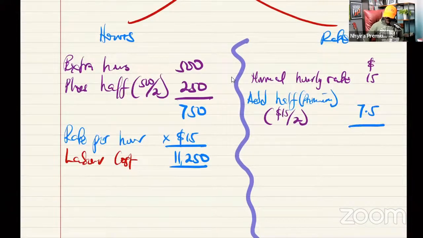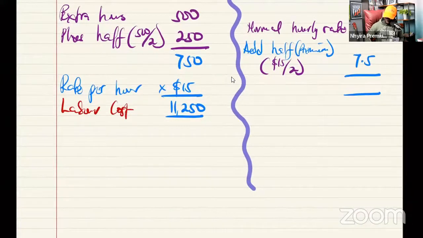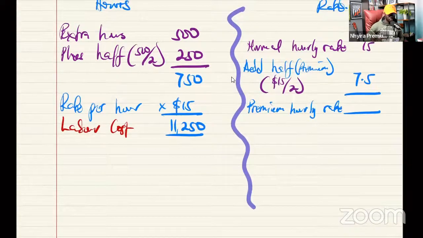So that now the overtime rate, or what we call the premium hourly rate, will now be $15 plus $7.5, which is $22.50.